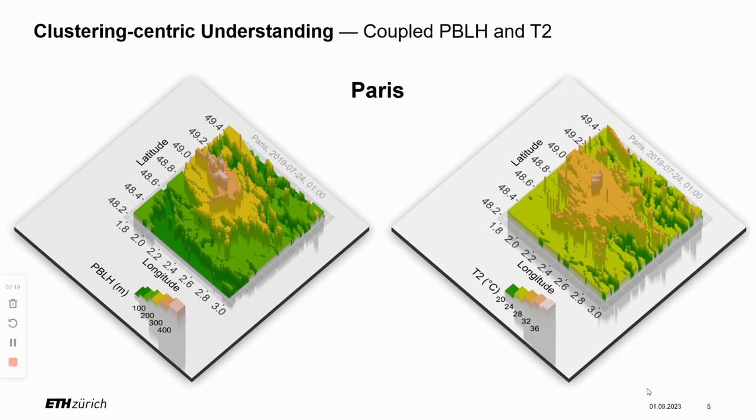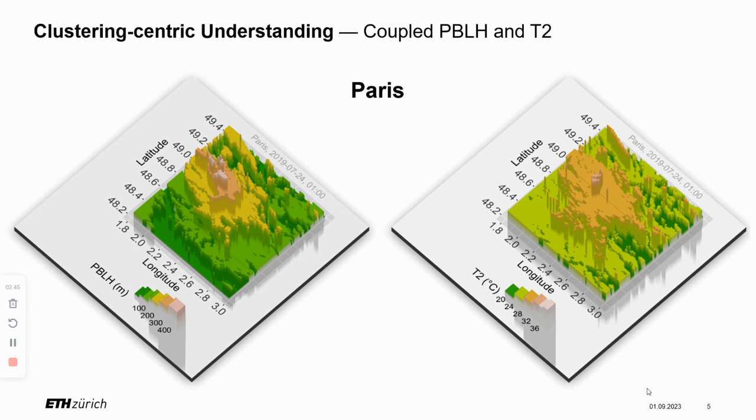This cluster-centric understanding was somehow inspired by the phenomenon we call the heat dome. Yesterday, our keynote speaker and some other talks already touched on this point. Here, the first image shows the planetary boundary layer height at a particular time, 1 a.m. at night, for Paris. The planetary boundary layer height was determined using a threshold of the Richardson number at 0.25.